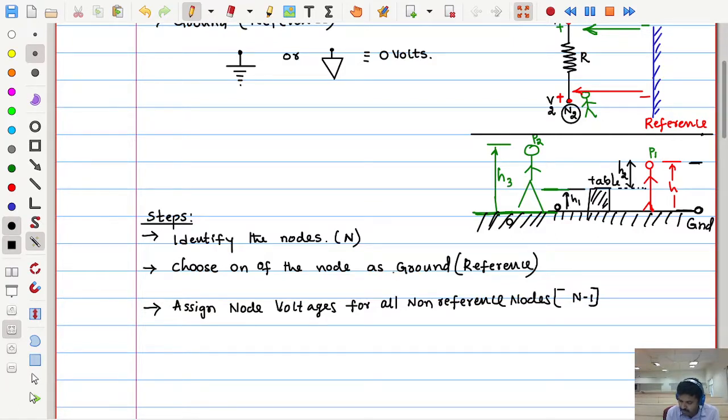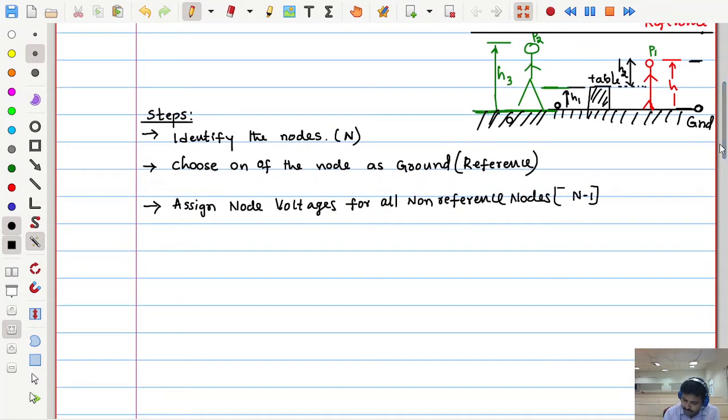Why? Because one node we chose as the ground. Okay. So next, once we assign the node voltages for all non-reference nodes, now we try to write down Kirchhoff's current law. So let us write: write KCL at each non-reference node.